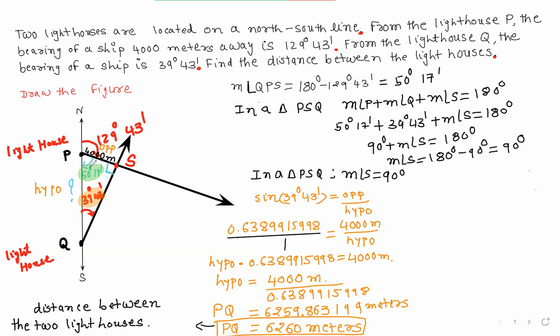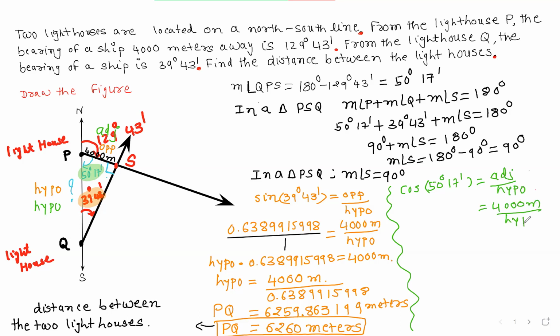So if you decided to use this particular angle, then this becomes your adjacent side and this is still your hypotenuse. So now we have to apply cosine on this angle. So let's verify and take a look. So we can also use cosine. Cosine 50 degrees 17 minutes equals adjacent over hypotenuse, which is equal to 4,000 meters over hypotenuse.